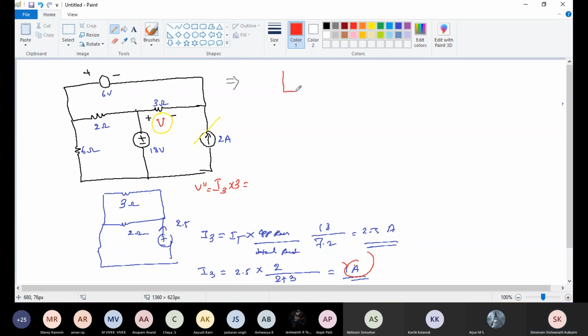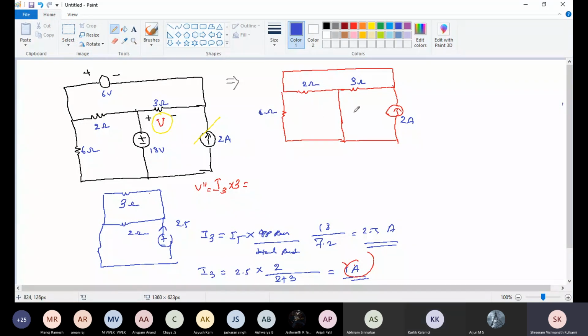Okay, the 6 and 18 volt sources are short circuits, then the 2 ampere current source is acting alone. 2 ampere, 3 ohm, 2 ohm, 6 ohm.